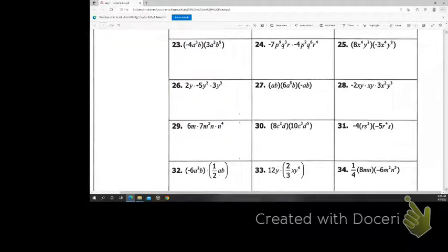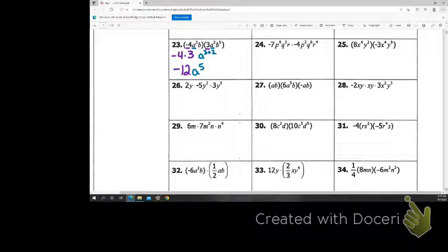So first I'm going to think about -4 times 3. And what's here in the middle is kind of what's going on in my head. Would be -12. Then I'm going to move on over to my A's, so a, and then I'm going to add 3 plus 2 makes a to the 5th.